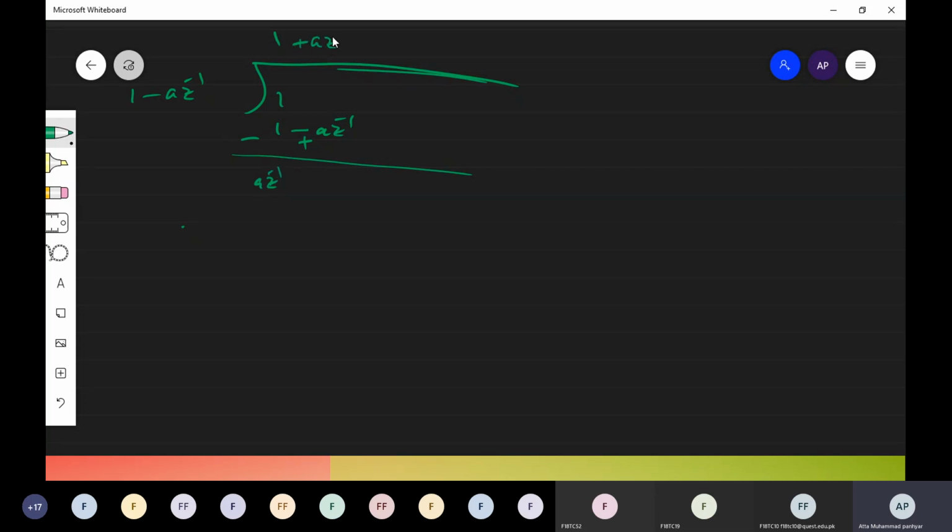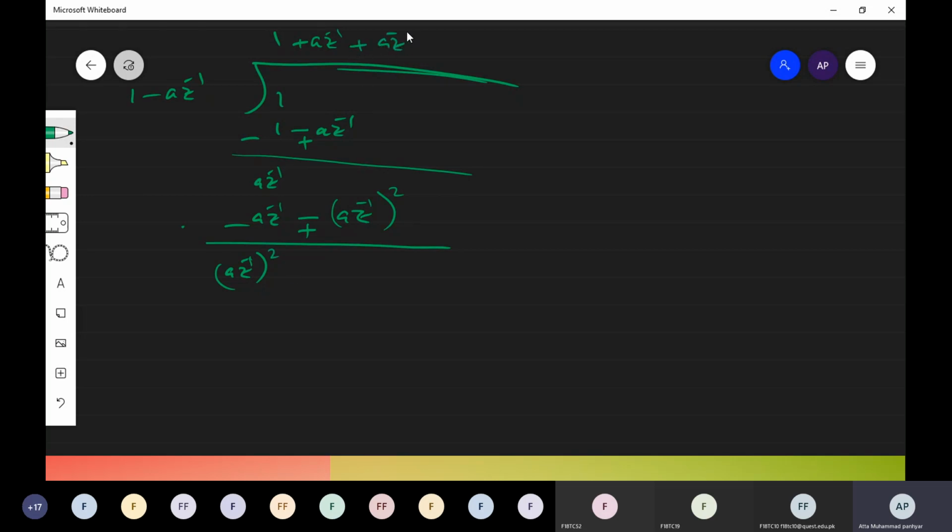Now you multiply with a z inverse, then what you get is a z inverse minus a z inverse whole square. If you subtract this, this becomes a z inverse whole square.